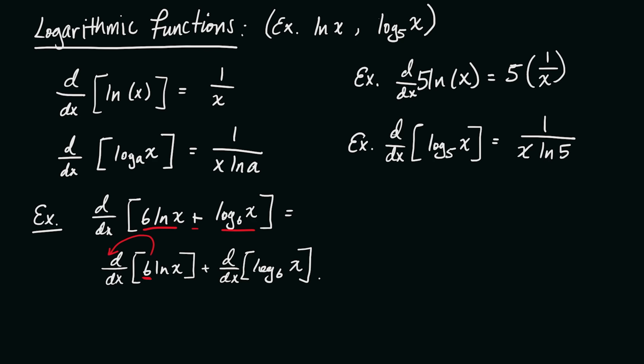And now, this would equal, just by taking the individual terms, 6 over x plus 1 over x ln 6. And that is our answer.